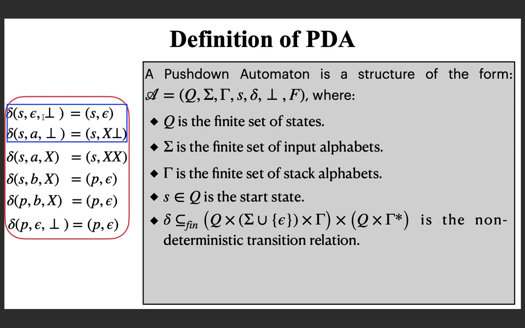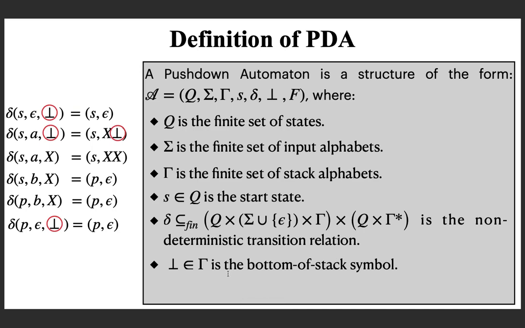Suppose the next input symbol is A and you are in the state S, you can apply any of these transitions, non-deterministically selected. So by definition what we are defining is a non-deterministic pushdown automaton. And the next is bot, which is a unique symbol in the stack alphabet known as the bottom of stack symbol. The purpose is clear from the example.